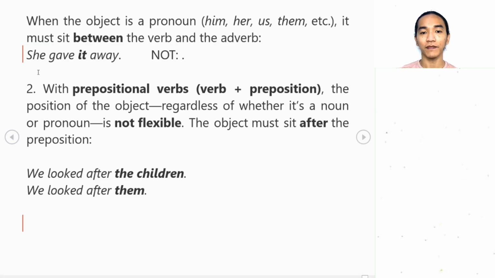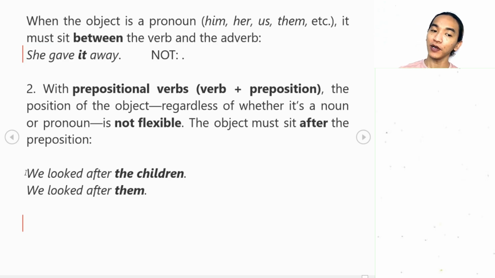Now, for prepositional verbs, which are verb plus preposition, the position of the object, regardless of whether it is a noun or a pronoun, is not flexible. There is only one position for the object of your verb. The object must be placed after the preposition.